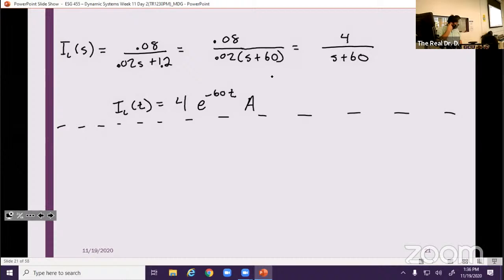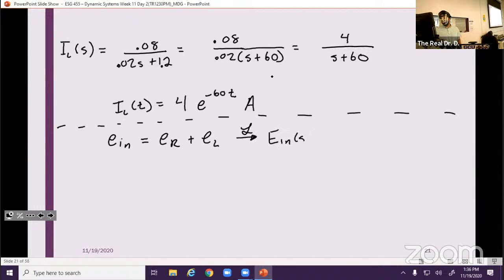Well, everything here is in series. Even before that, we did everything from this equation. That's where we started. We started with KVL. What if I take the Laplace transform of this?